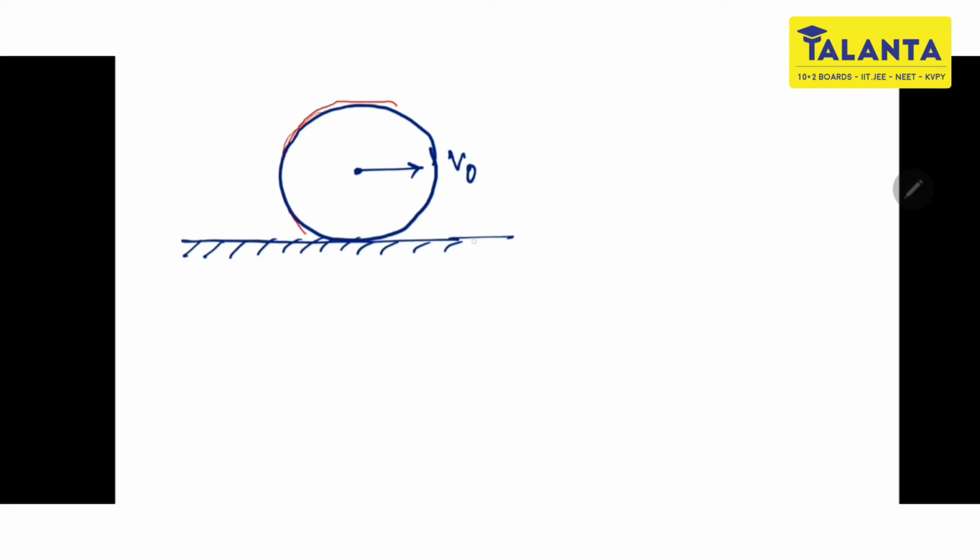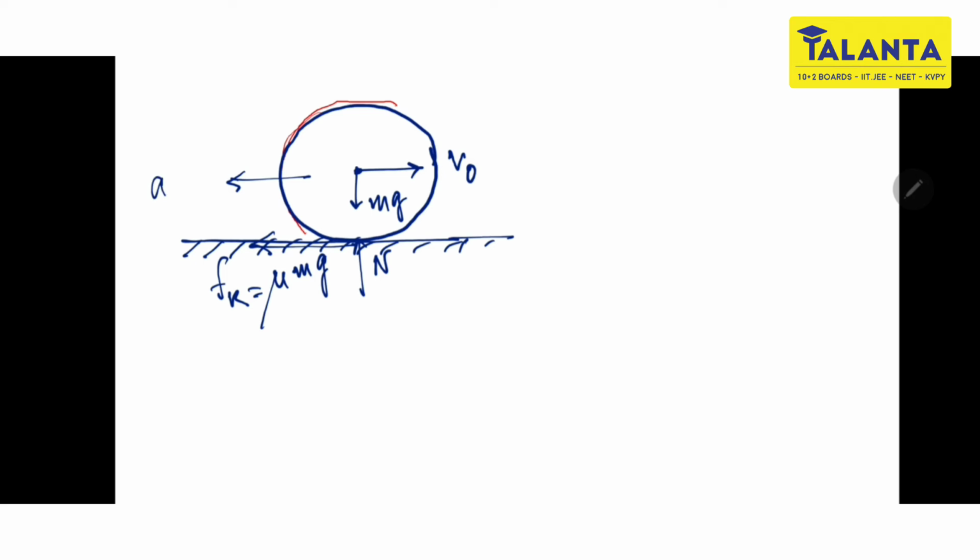Now find the velocity of the center of mass after pure rolling starts. Here this is the center of mass, weight is mg, the normal reaction force is N, and the friction is Fk equals mu mg.